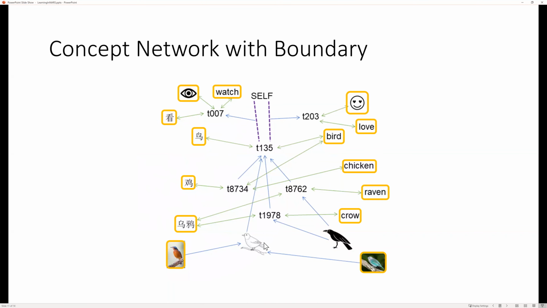boundary term. Say, for example, they will say bird's meaning needs to be reduced into the image, which I don't agree. I will say the image will contribute to the meaning, but not completely determine it, because the relations between abstract concepts also contribute to the meaning, okay?